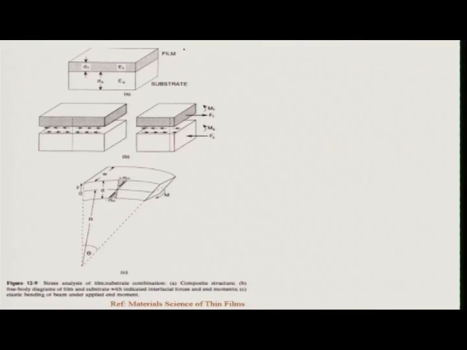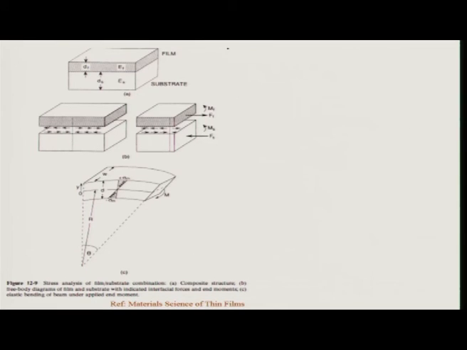So here we show how this technique works. We have a film with a certain film thickness, and we relate it to the stresses in the film, and with the Young's modulus.